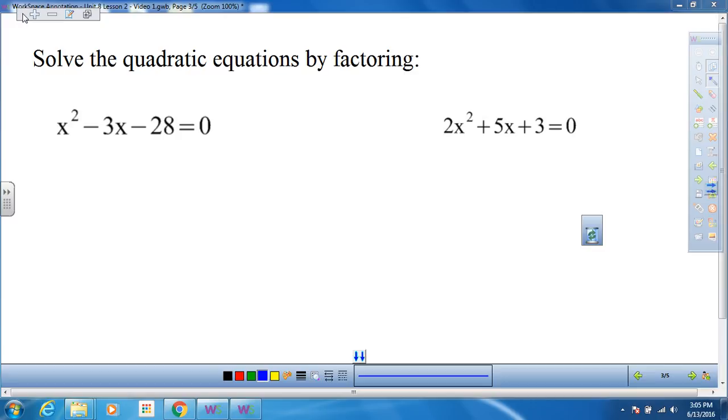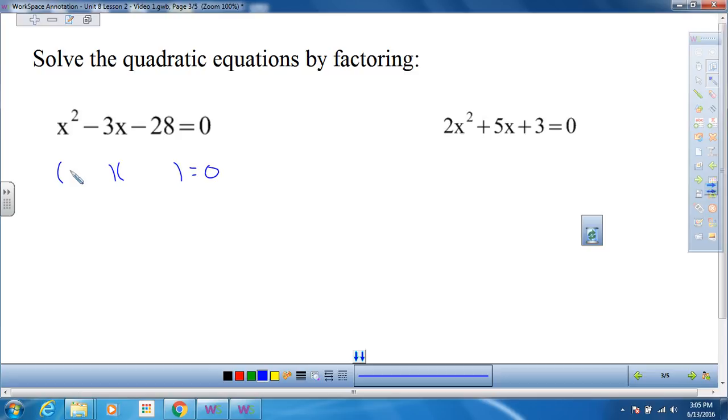Okay, so solve the quadratic equations by factoring. I know I'm not using square roots here because I have an x squared and an x term, so I can't do this like I did in the previous lesson. What I want to do is factor this trinomial. I start with my two parentheses and keep the equals 0 to the right.